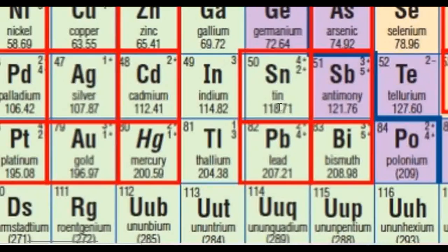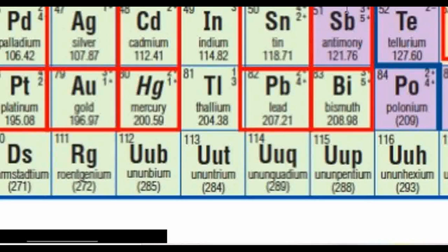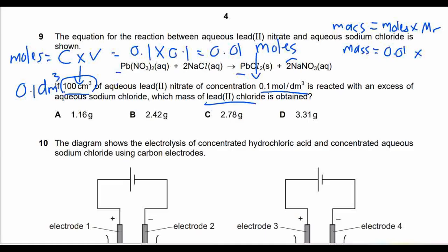So you write the Mr of PbCl2 is 207.2 plus 2 times 35.5 from the Cl. So we get a total Mr of 278.2.